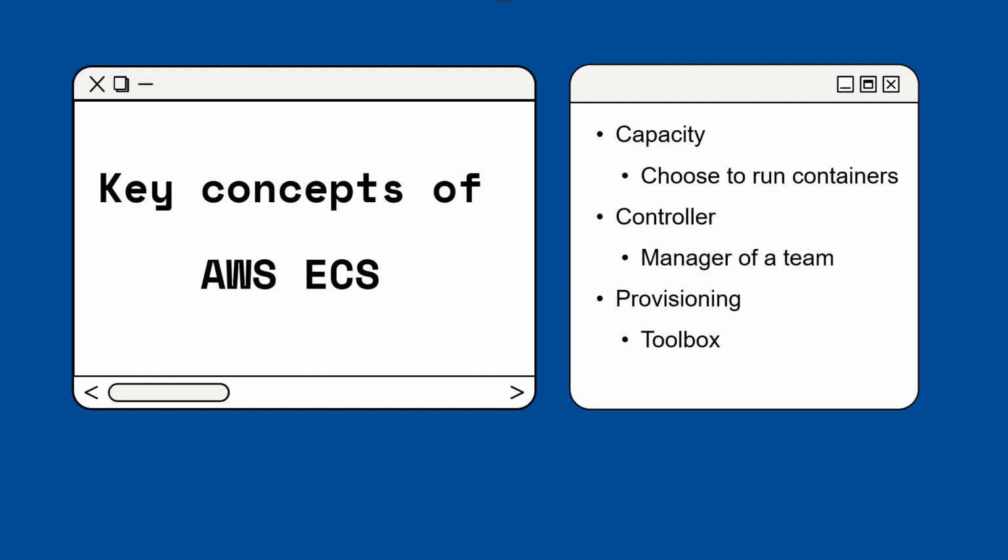Provisioning in ECS refers to the process of setting up and managing the resources required for your application and containers. There are multiple options for provisioning Amazon ECS, such as the Amazon Management Console, CLI, SDK, CDK, and Copilot.